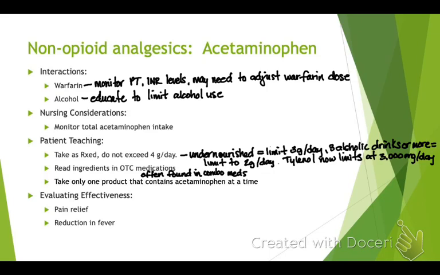So a 3 gram limit per day for them. You want to realize that patients taking 3 or more alcoholic drinks a week should also be limited to the 2 gram per day limit.